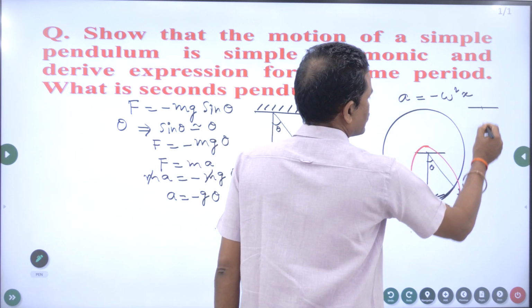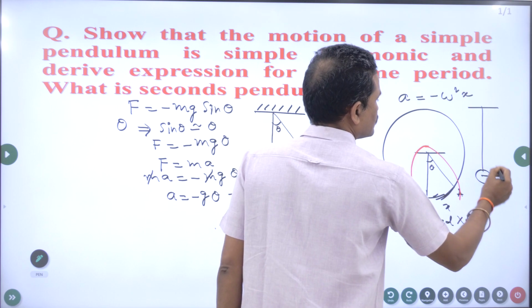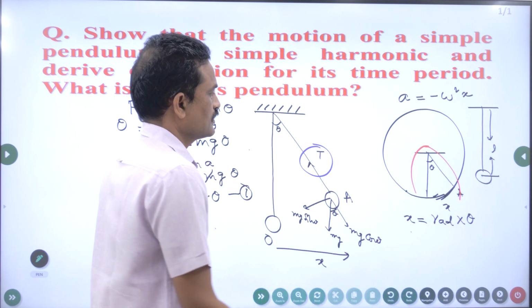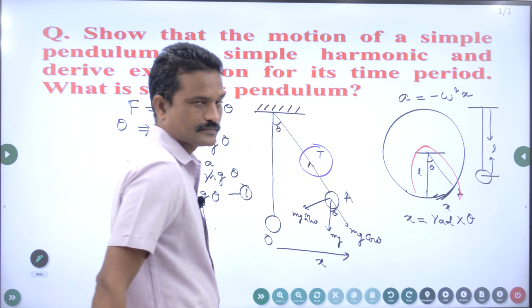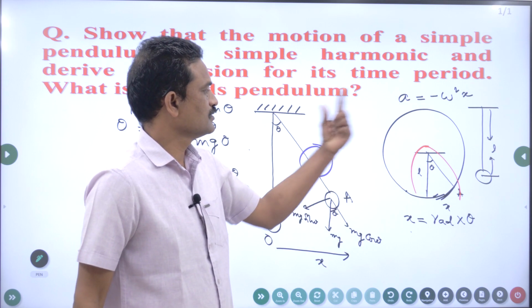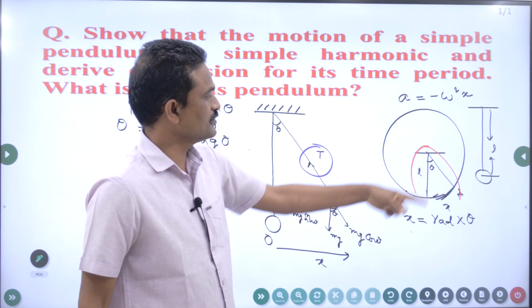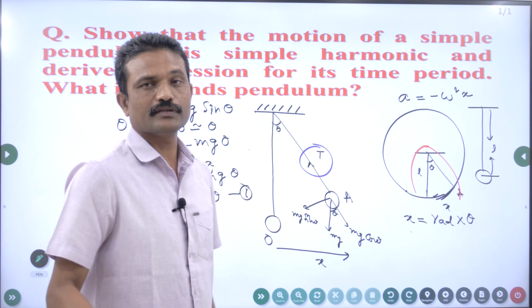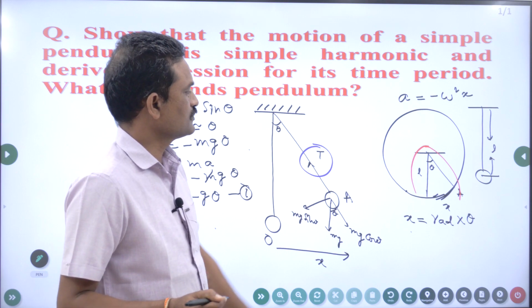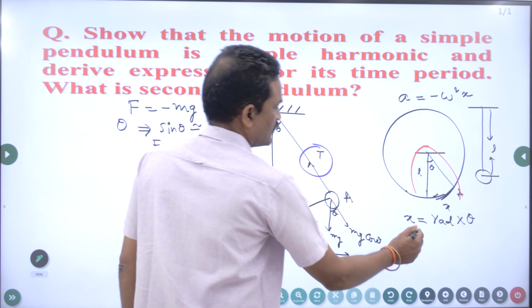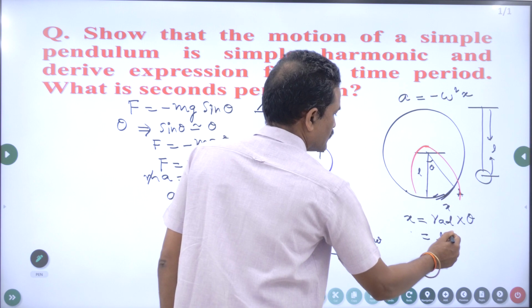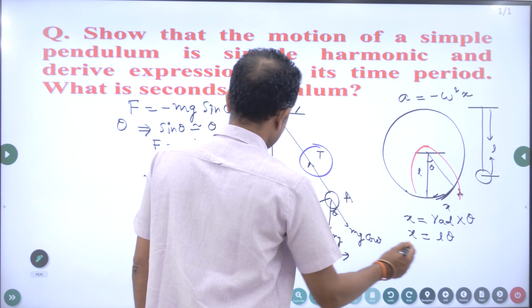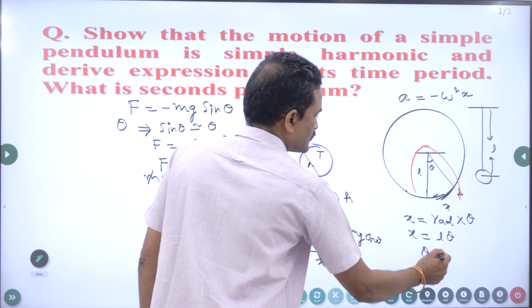So we consider this as the length L. Had I rotated the whole simple pendulum, then I will get a circle. So for that circle, the radius will be the length. So x is equal to L times theta. So I can write the value of theta. Theta is equal to x by L.